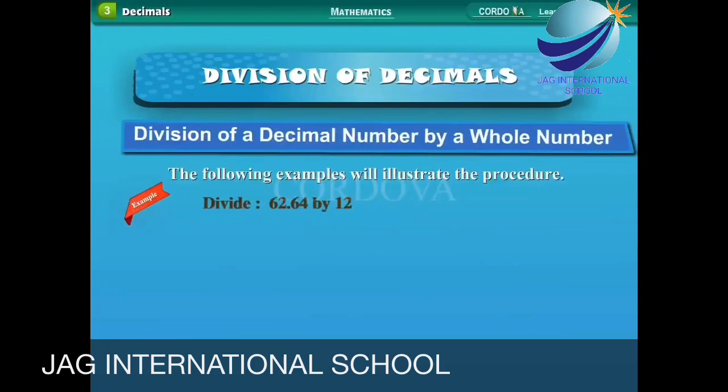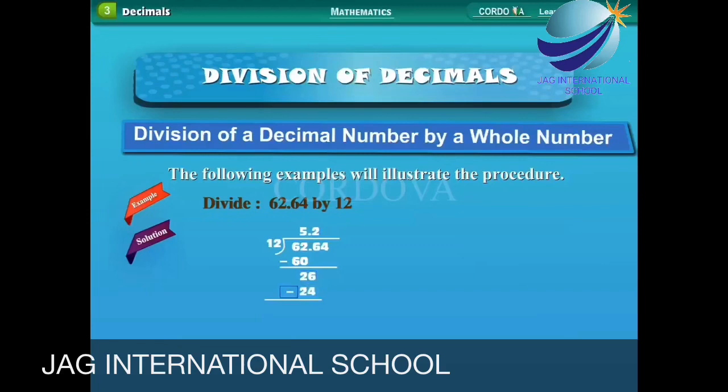Example: divide 62.64 by 12. Solution: 62.64 is divided by 12. 12 multiplied by 5 is equal to 60. When we subtract 60 from 62, we get 2. Thus, we have 26. Again, 12 multiplied by 2 is 24.